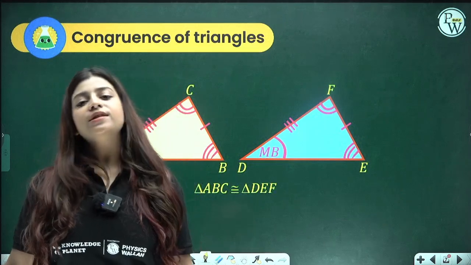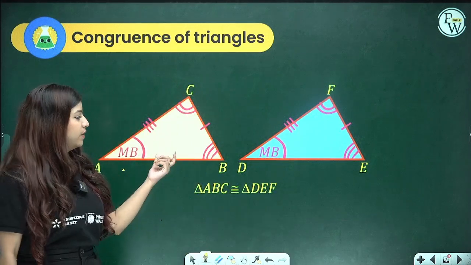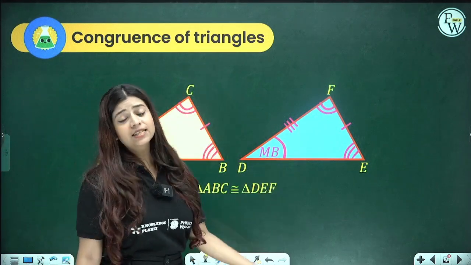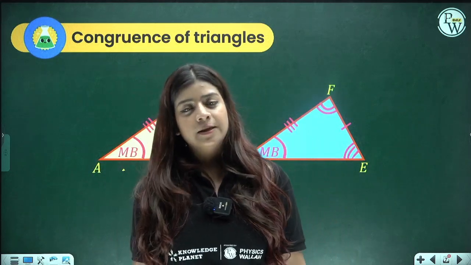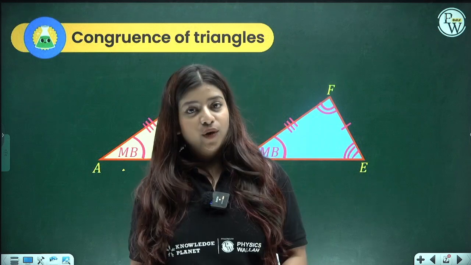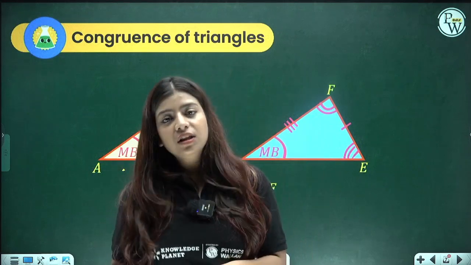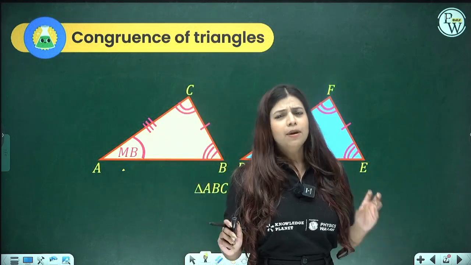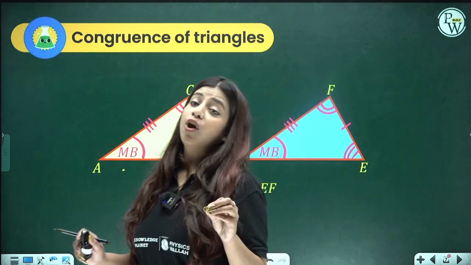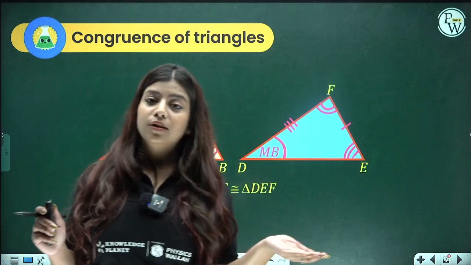But why do we say that two triangles are congruent when they have the same shape and size? Basically, we can say same angles and same sides. So a triangle is said to be congruent if all the three sides and all the three angles are equal, right? But to prove the congruency, we do not require all the three sides and all the three angles.